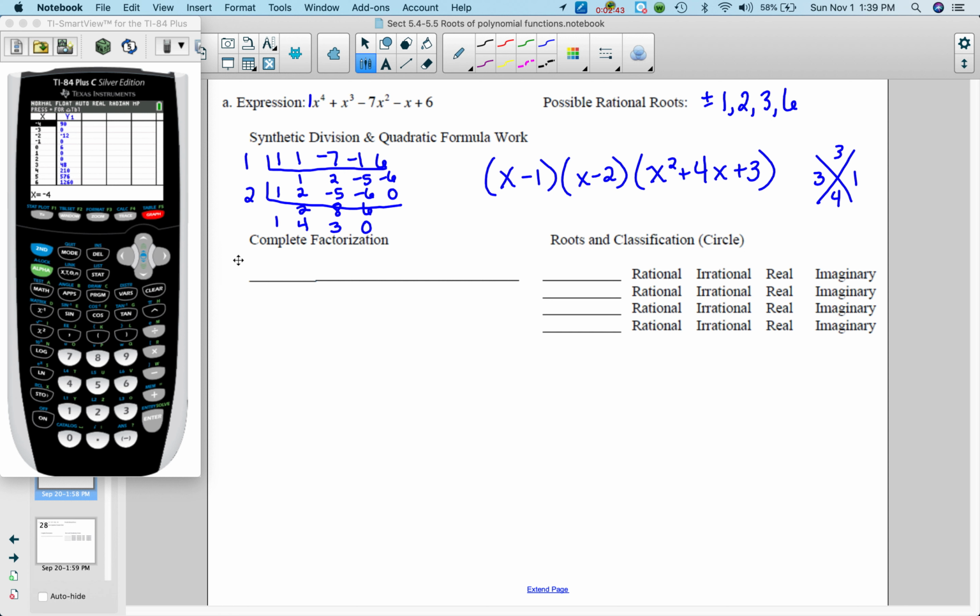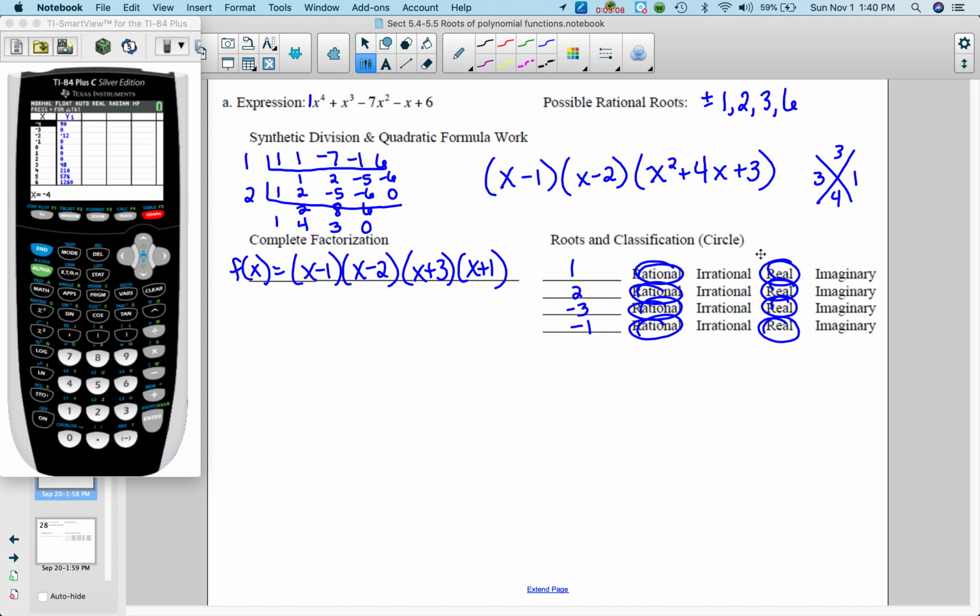So we end up with f of x equals x minus 1, x minus 2, x plus 3, and x plus 1. So those would be all my factors. That's my factoring. So I have roots of 1, 2, -3, -1. They are all rational. They are all real.